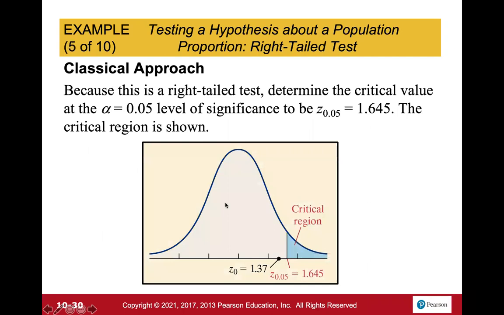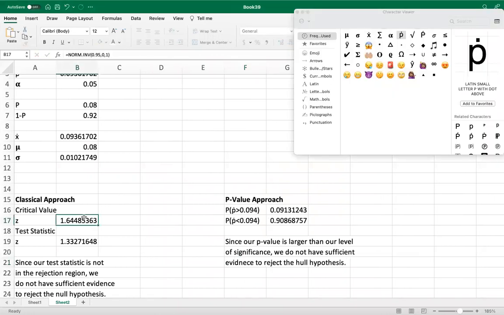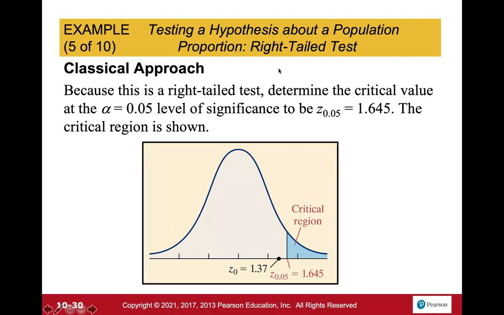Because this is a right tail test, determine the critical value at the alpha equaling 0.05 level of significance to be z sub alpha of 0.05. Whatever this value is here, that's the value that we found right here. So this was our critical value. From our critical value, it being a right tail test, this is our critical region, or we could call this our rejection region too.